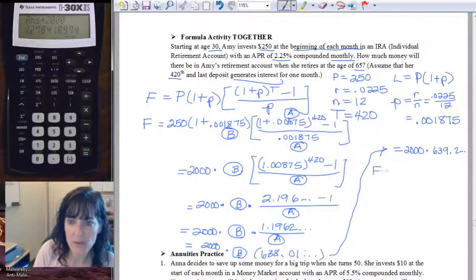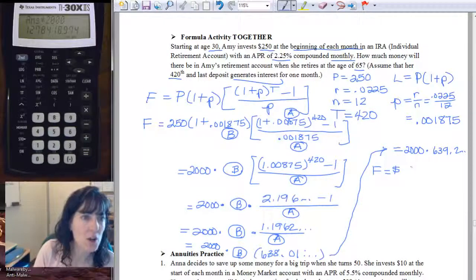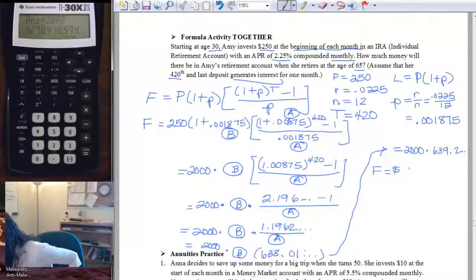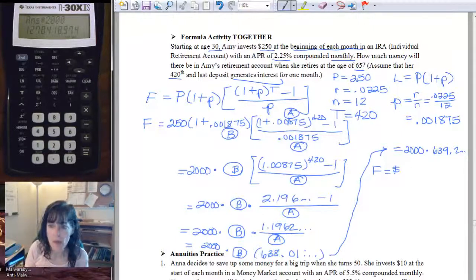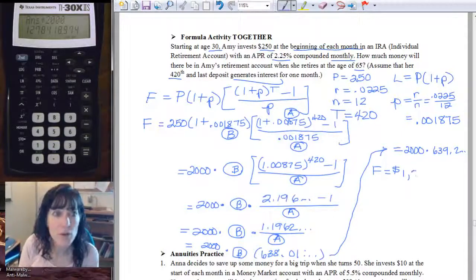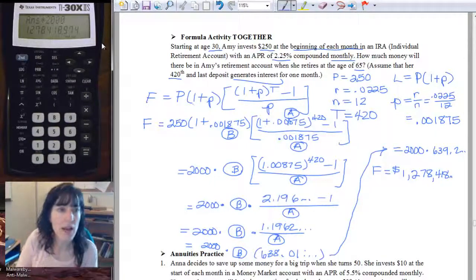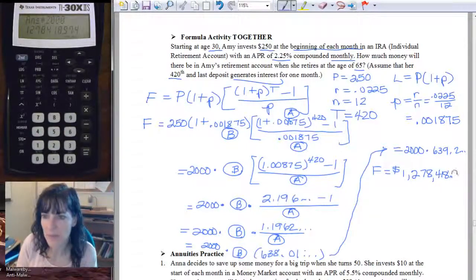and I get my F equals, and it's money, so I'll put a dollar sign at the start. Whoa, it's a lot of digits. 1,278,418, and I would put 97. I'm checking the next digit. It's a 4, so I'm good with 97.